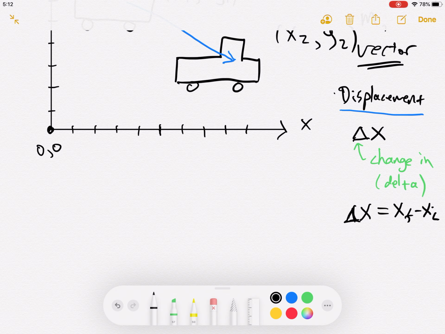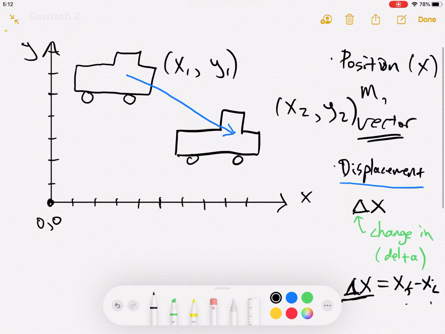Almost every time, I would say 90%, 95% of the time that we use a delta, we mean final minus initial. And that's what governs the direction of this. So this is my delta x. Really, it's delta x and y, so it's like a delta r, r vector. Clearly, displacement has direction, so displacement is also a vector.